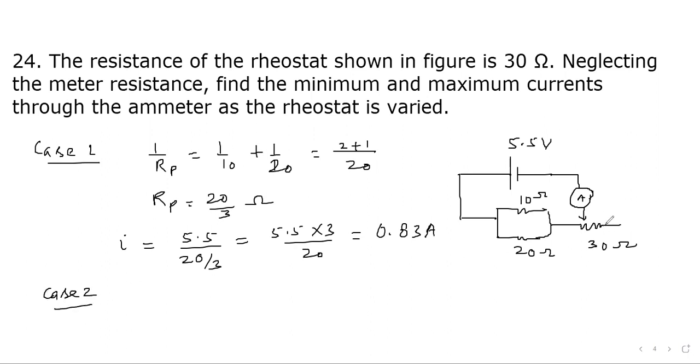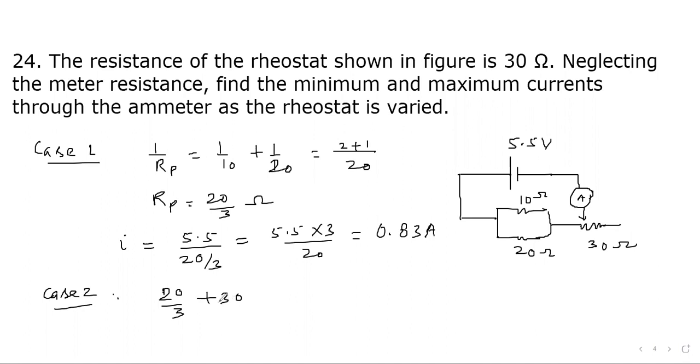Now, case 2, when the rheostat is completely included, it means the 30 ohm resistance will be in series with the resultant of 10 and 20 ohm. So the total resistance this time will be 20 by 3, which is the equivalent resistance of these two, plus 30.